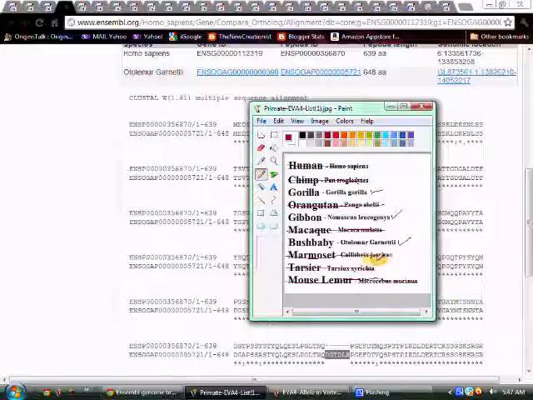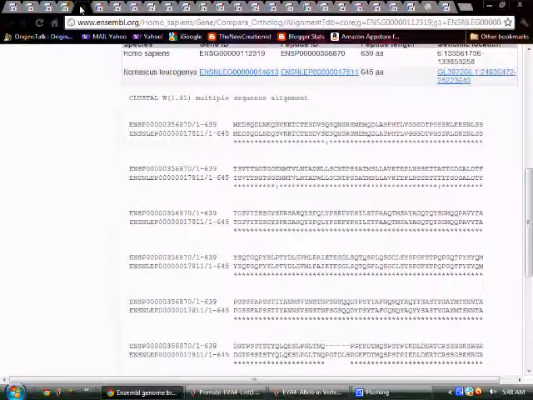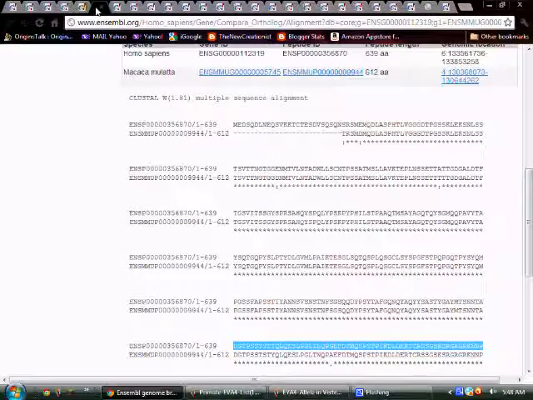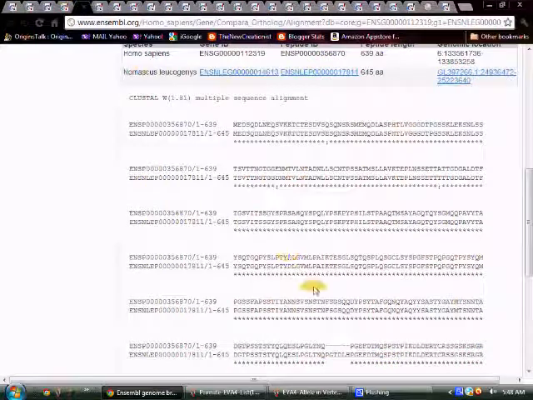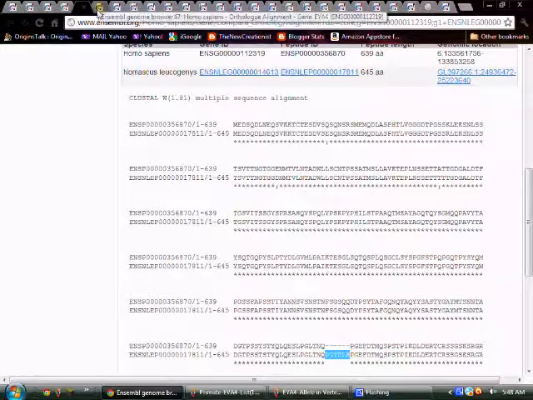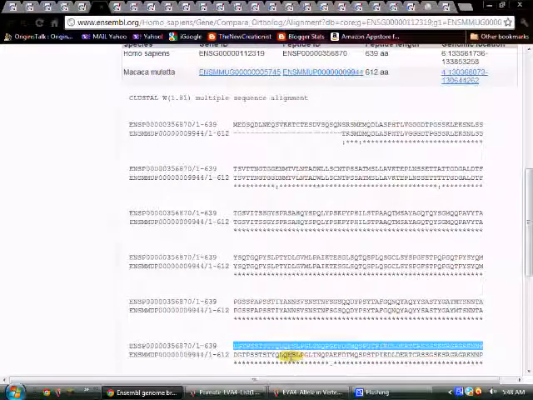Marmoset, which is Callithrix, is not. It's not in marmoset, it's not in tarsier, and it's not in mouse lemur. And of course we can look here at these. Here's Nomascus, it is in there. In macaque it's not.